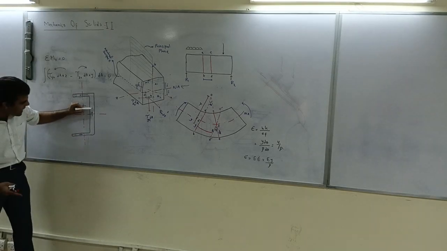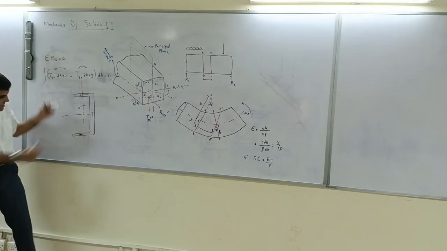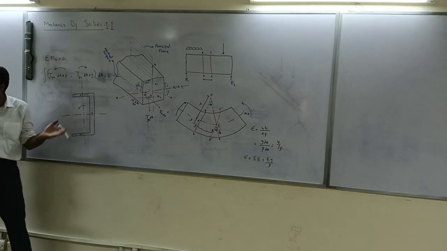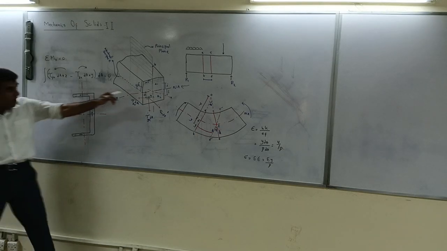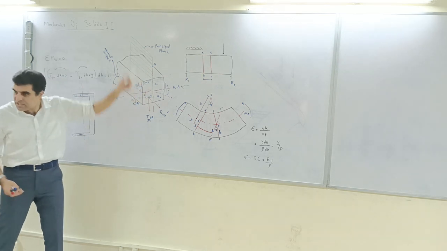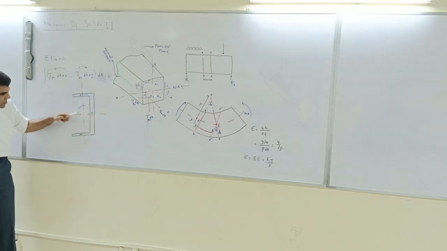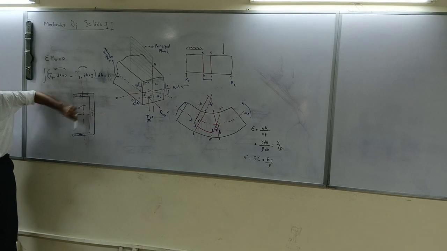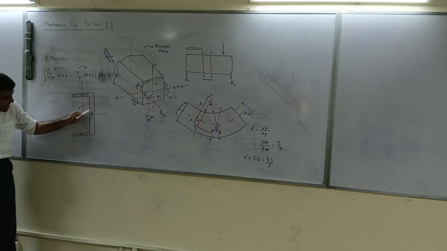But what if you have an element over here? There is nothing over here which can cancel the effect. This wasn't the case over here. Why? Because you had symmetry in both directions. And in this case, you just have symmetry in one direction and not in this direction. As a result, this element will cause a moment.